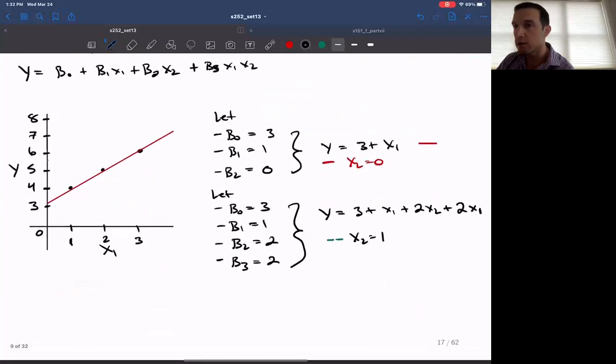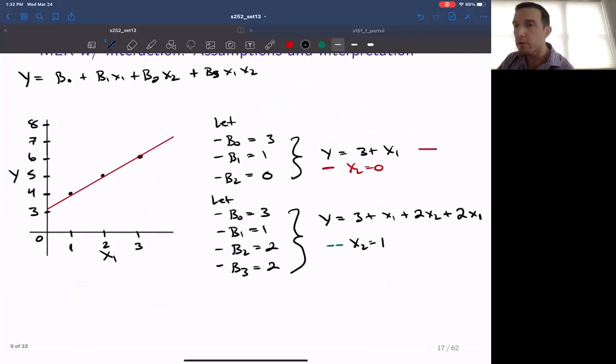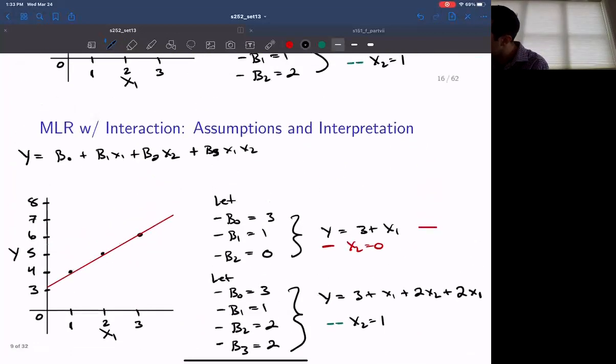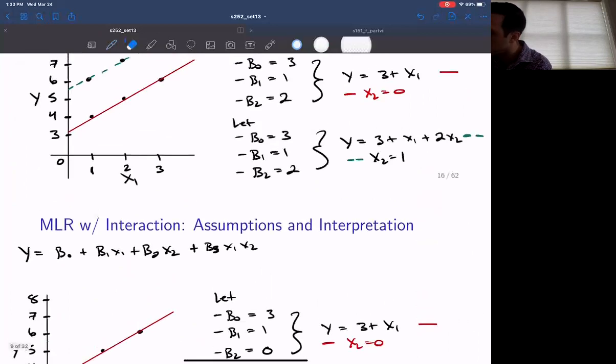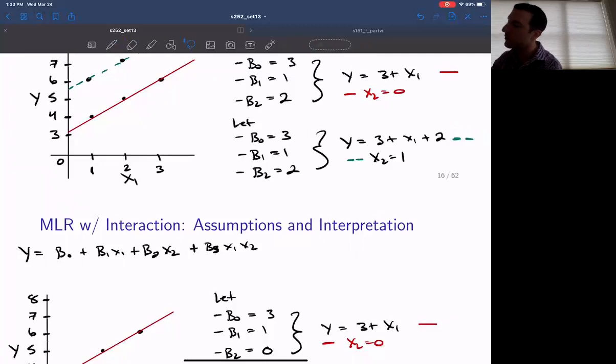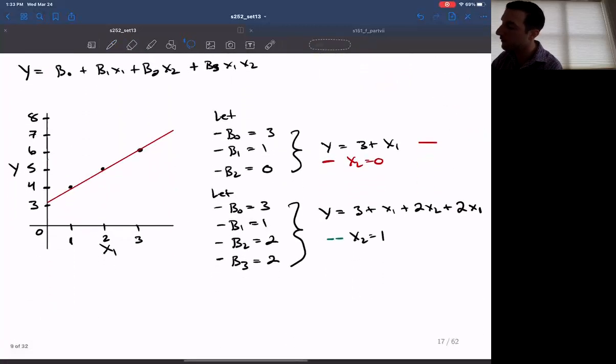But if there's interaction in the model, once you introduce that term, so let's say we let x2 equal to 1, you can now see what we have is y is equal to 3 plus x1 plus 2x2 plus, or sorry, wow, I'm making a mess of this. Like this. There we go. 3 plus x1 plus x2 plus 2 in the first case.